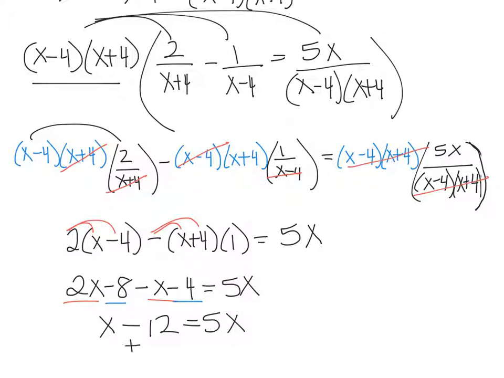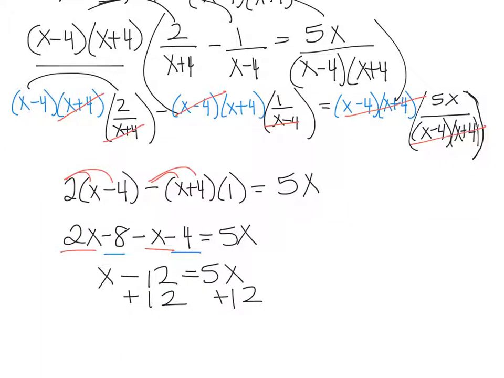Next, I'll add 12 to both sides. And we're left with x equals 5x plus 12. Then I'll subtract 5x from both sides.